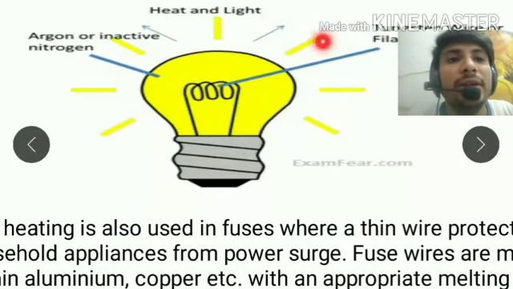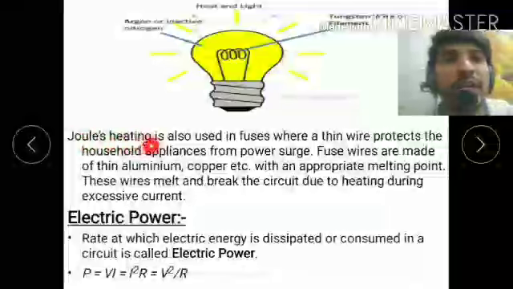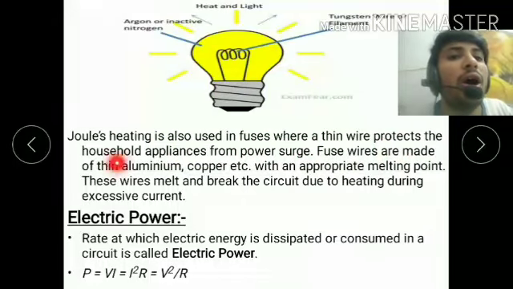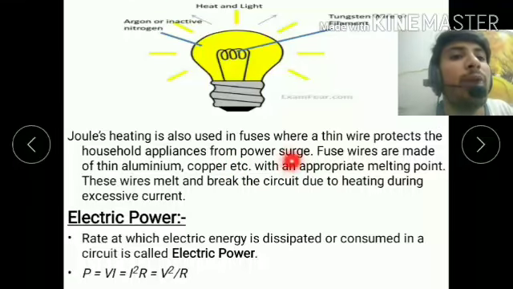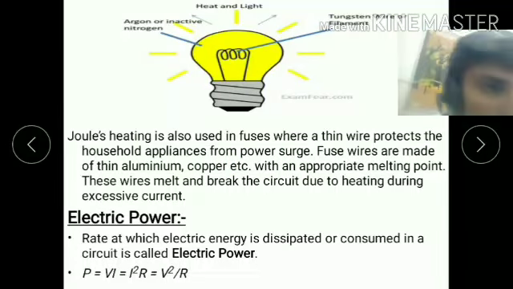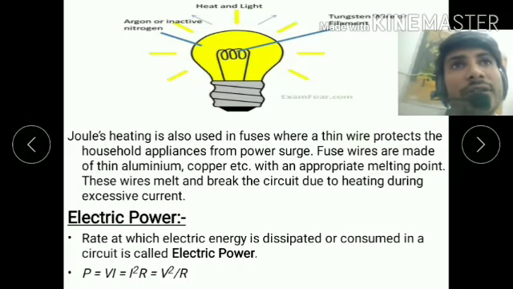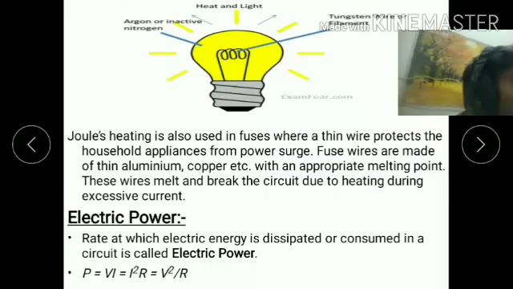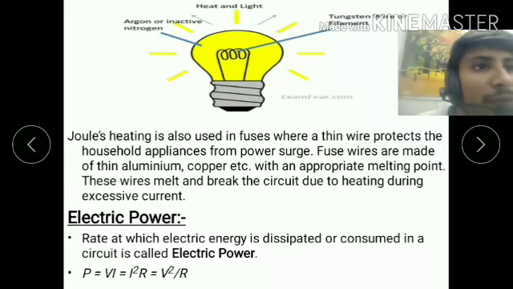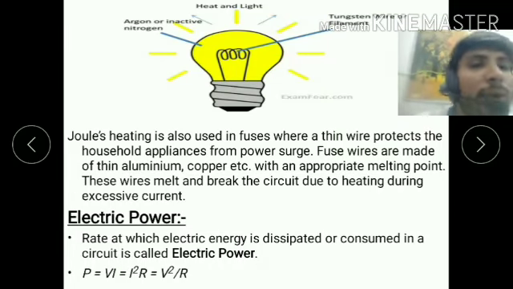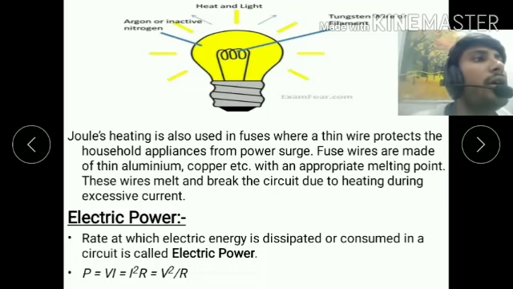Now, the Joule heating effect is also used in the fuse, where a thin wire protects household appliances from power surges. We use the fuse in our daily life, in our electric circuits. Why do we use the fuse? The fuse is made of aluminum wire or copper wire that absorbs the high amount of electricity produced by the transformer.